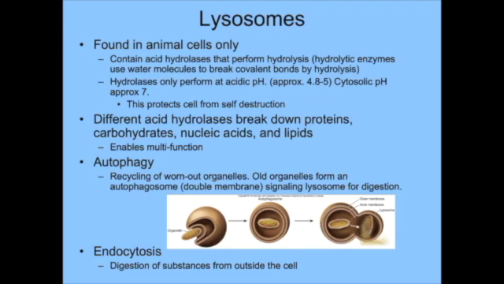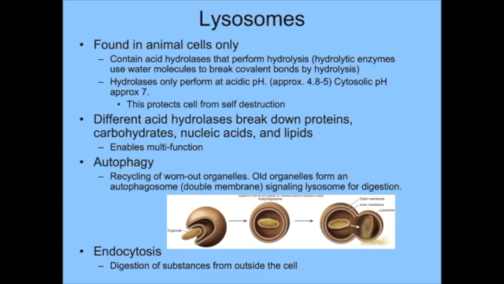Now, the reason they're called acid hydrolases is because they will only work in an acidic environment. The pH of the environment has to get below 5. And these hydrolases will only perform when it's acidic. So if this lysosome gets damaged or broken, and it leaks or breaks open, the cytoplasm of the cell is a neutral pH of 7.